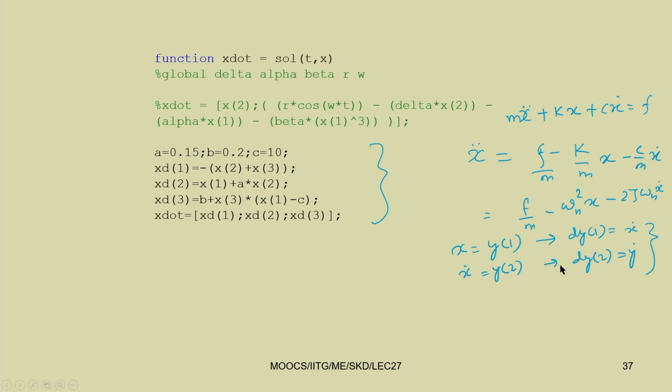So our equations will reduce to this form, or here it is written xd1, 2, 3, 4. Another equation is written here, where xd1 equal to minus x2 plus x3. This is written for another attractor, the Lorenz attractor.